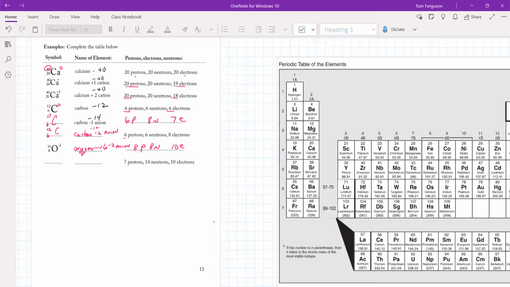So that's nitrogen, and it is 14 and 7 is 21. It has 3 extra electrons, so it's a -3 anion.